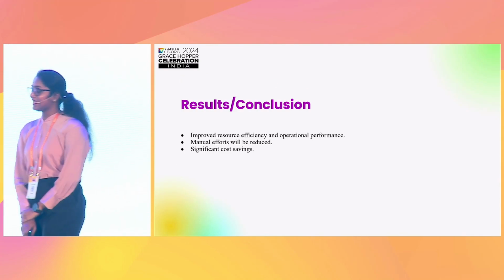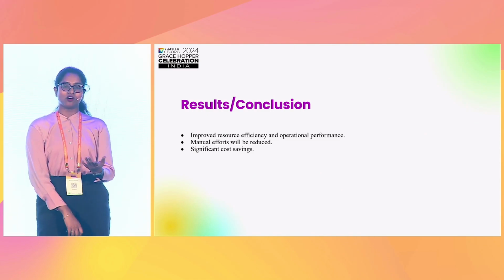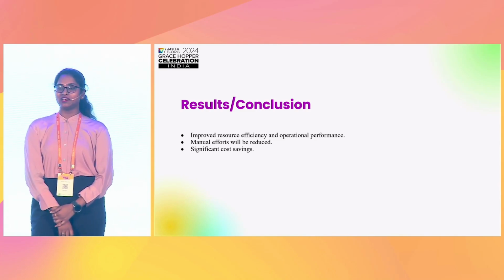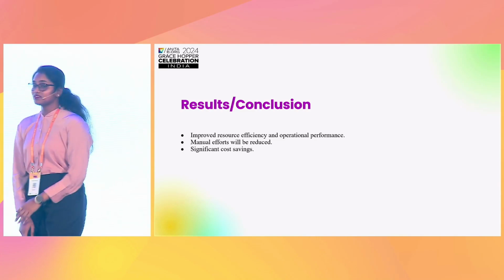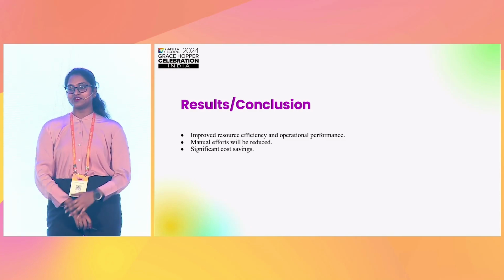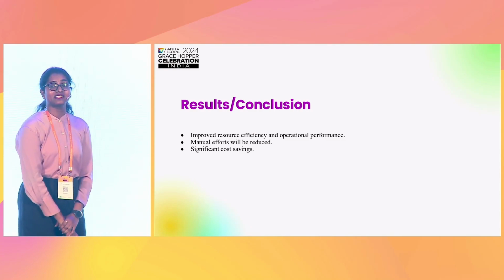The final point is that by implementing all these strategies, like automatic alerts and all these things, we'll be reducing the manual effort as well as achieving significant cost savings. At the end, every organization needs cost savings, and also needs to avoid risk.